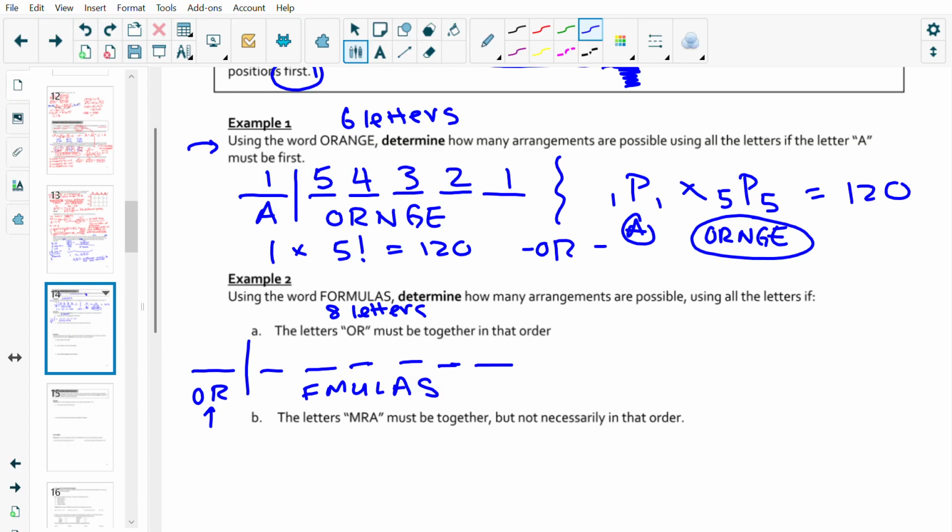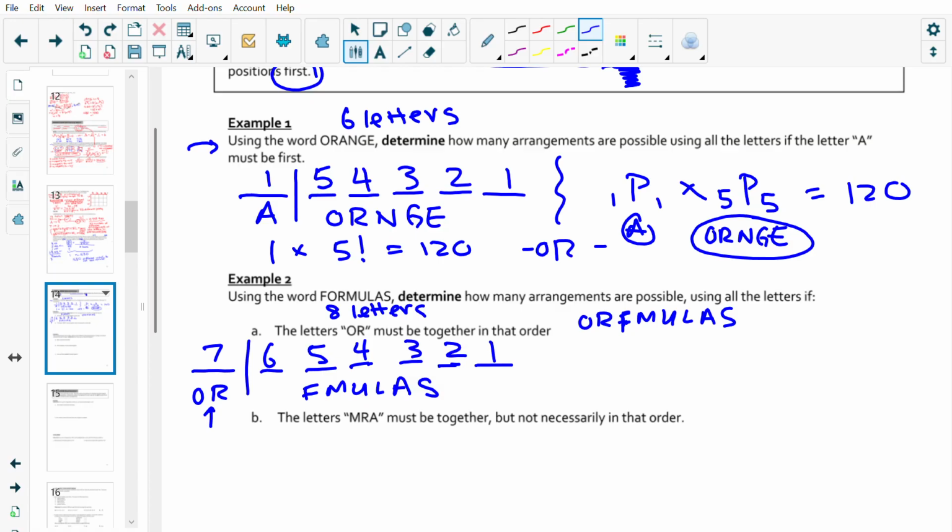So how many different ways can we arrange these 7 things? 7 times 6 times 5 times 4 times 3 times 2 times 1. An example would be ORFMULAS.